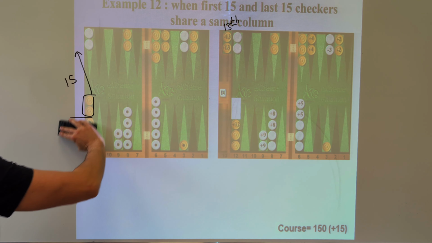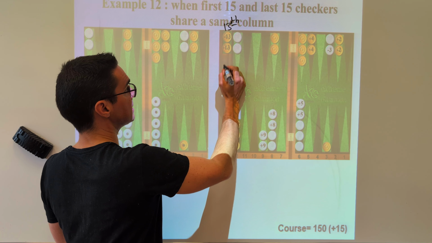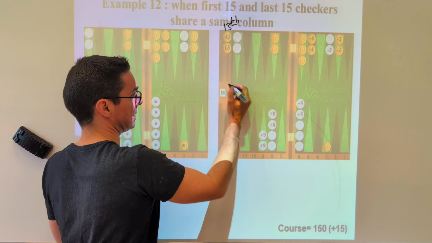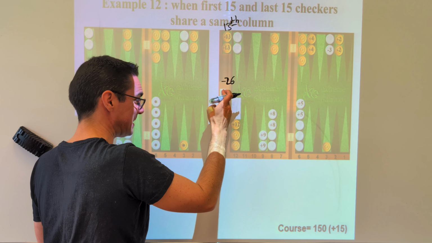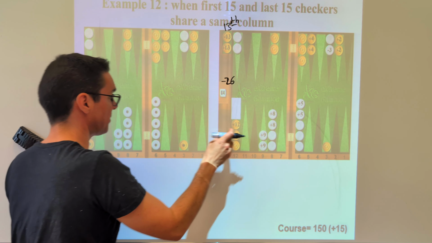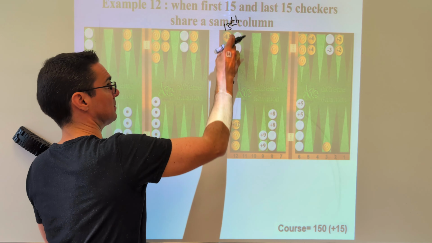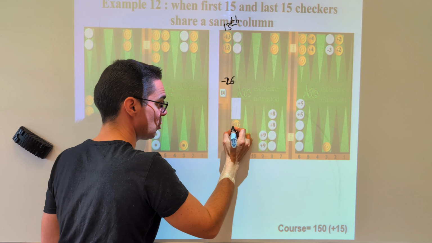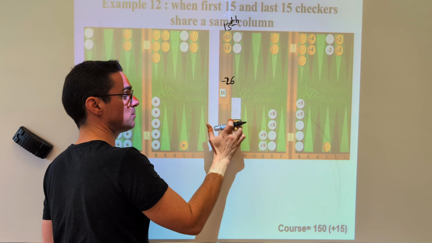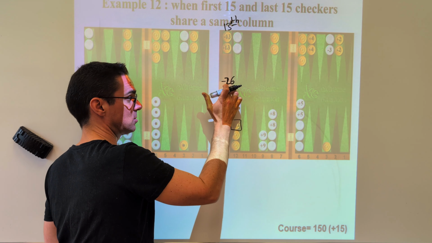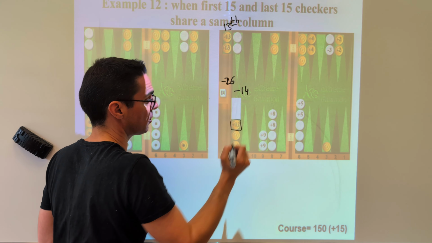Now, you compute. You have minus 13 minus 13, which is minus 26. And what is hard is to remember that when you look at this column, you have removed 2 checkers here to keep just 1 checker, which is plus 12. Minus 26 plus 12 is minus 14.